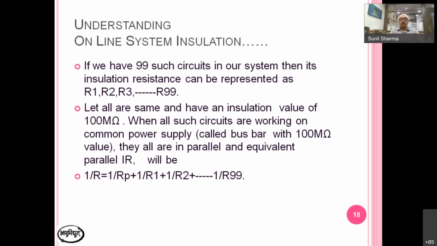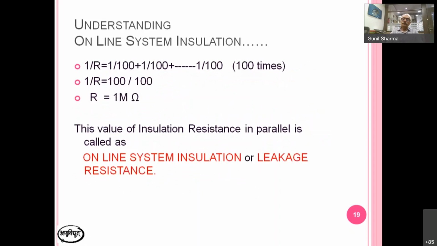I am assuming they are similar at 100 mega ohm, and the power supply also has 100 mega ohm. So what is the total insulation of the system? 1 upon Rp plus 1 upon R1 plus 1 upon R2 up to R99. If we put the value 1 upon 100 plus 1 upon 100, 100 times, it becomes 100 upon 100 and R becomes 1 mega.